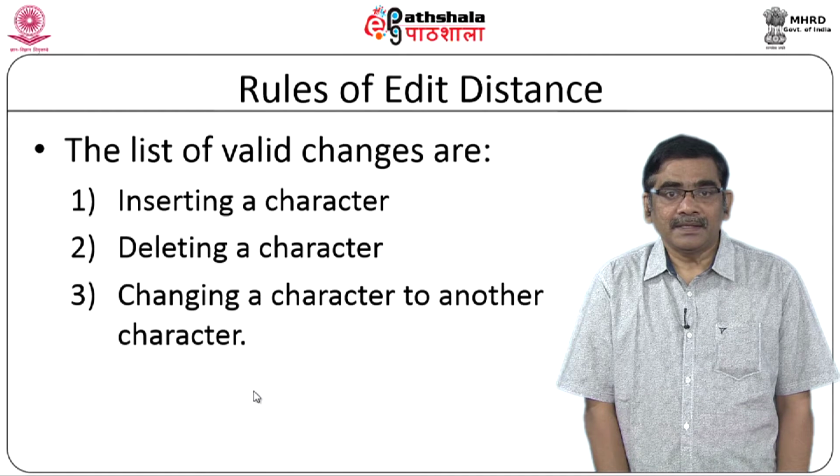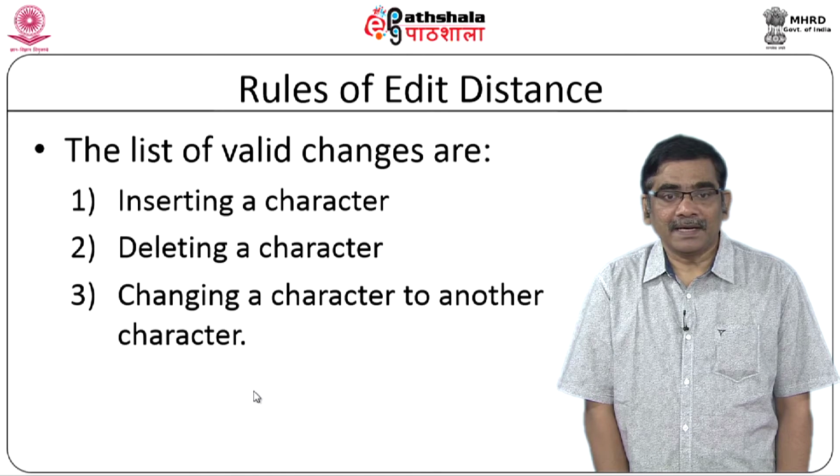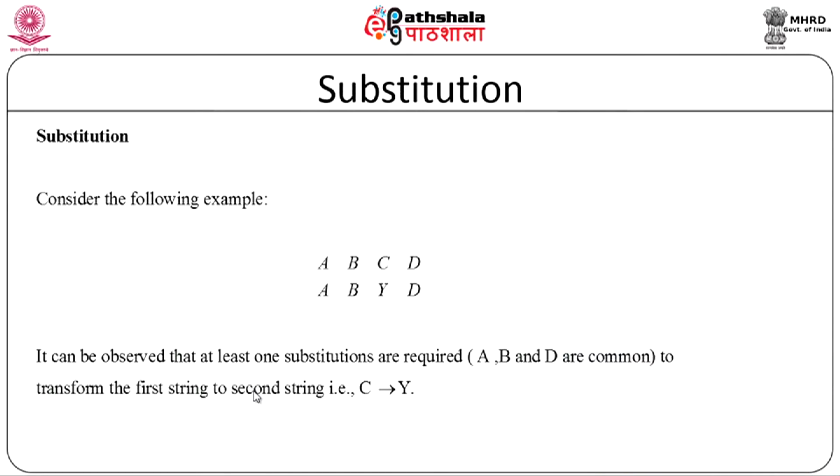This minimum number of operations that is necessary to transform the string is what we call the edit distance. We will see examples of this. First, we will take the substitution. I am given one string ABCD and another string ABYD. You can see that A, B, D are common between these two strings, and substitution means replacing this C with Y. This is what we call substitution.